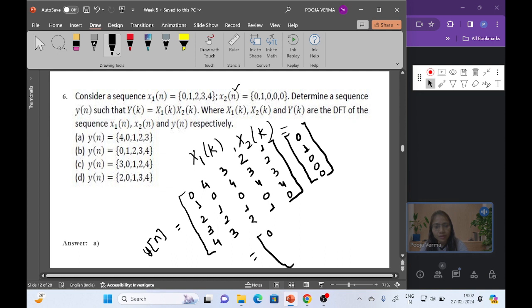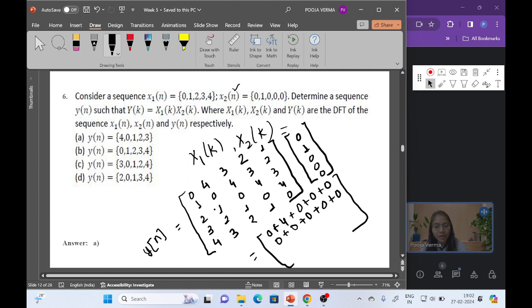So the first row: 4 into 1 is 4, plus 3 into 0 is 0, 2 into 0 is 0, and 1 into 0 is 0. So 0 plus 0 plus 0, and 1 into 0 will be 0 only. And this also, 0 into 1 is 0, and all the parts here are 0.